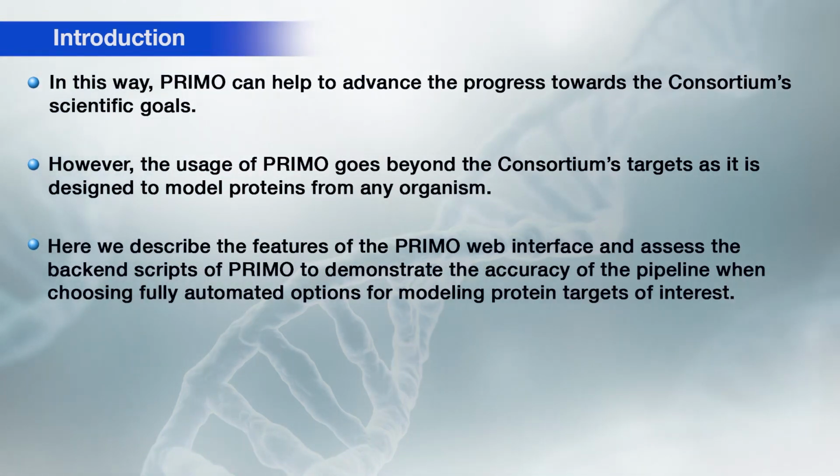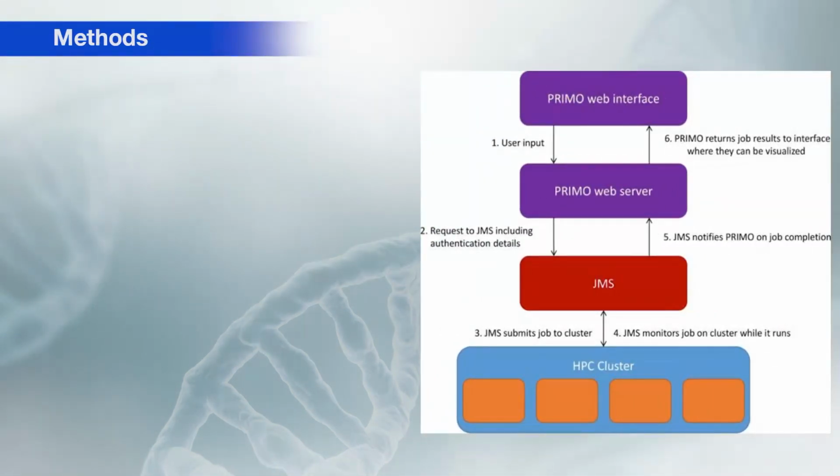Here, we also would like to describe the features of the PRIMO web interface and assess the backend of PRIMO to demonstrate the accuracy of the pipeline when choosing fully automated options of modeling a protein target of interest. So, in the image we can see what a PRIMO URL looks like and the web page which includes this.